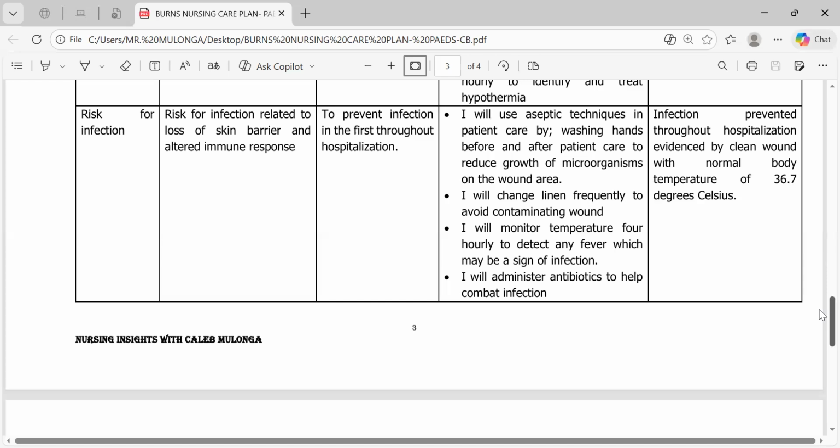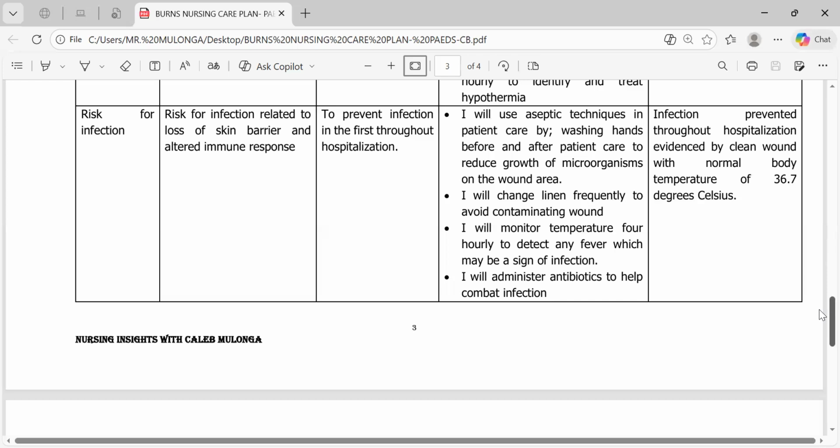So let's look at the interventions. Number one, I will use antiseptic techniques in the patient care to prevent the growth of microbes on the wound area, or you can just say I'll use antiseptic techniques such as washing hands before and after taking care of the patient to prevent infection.